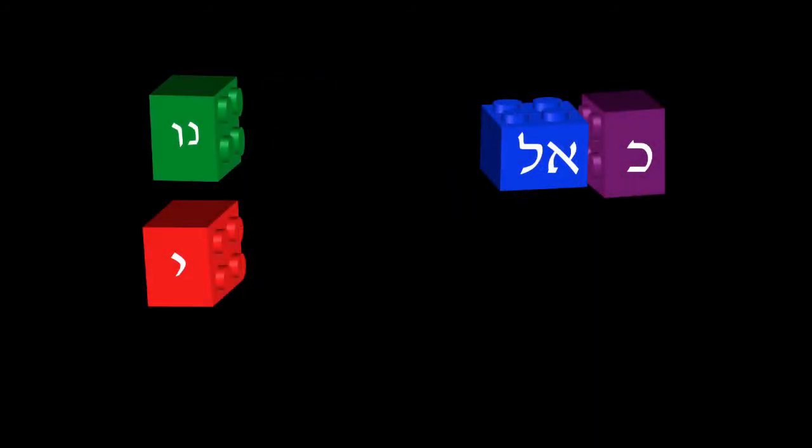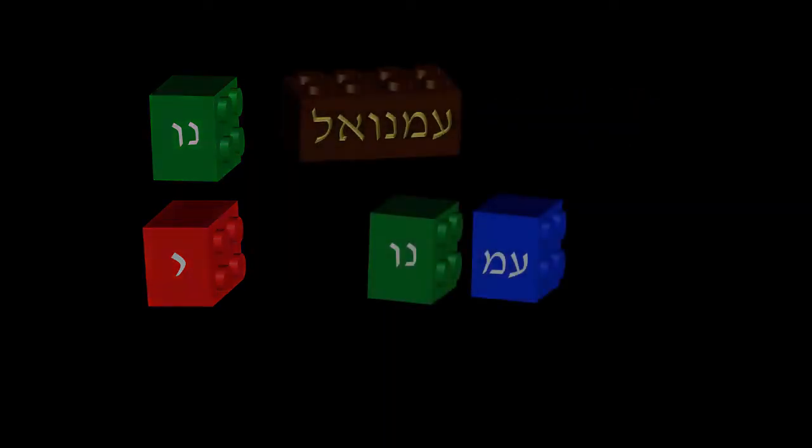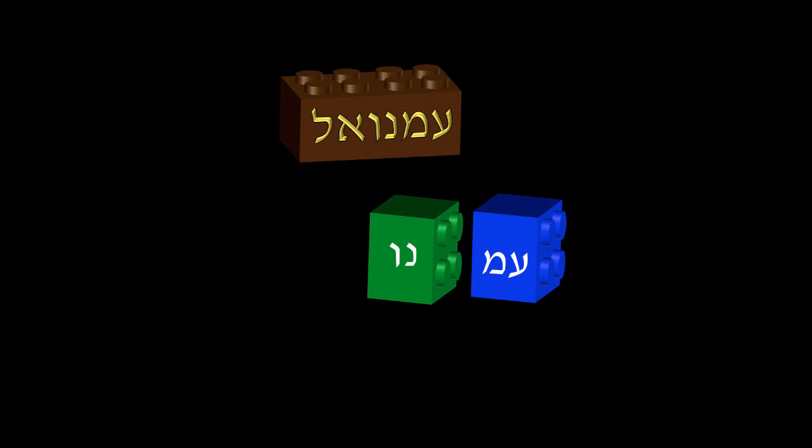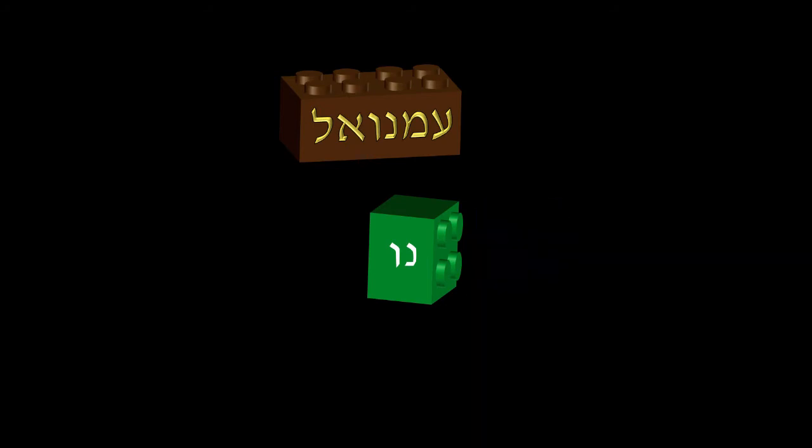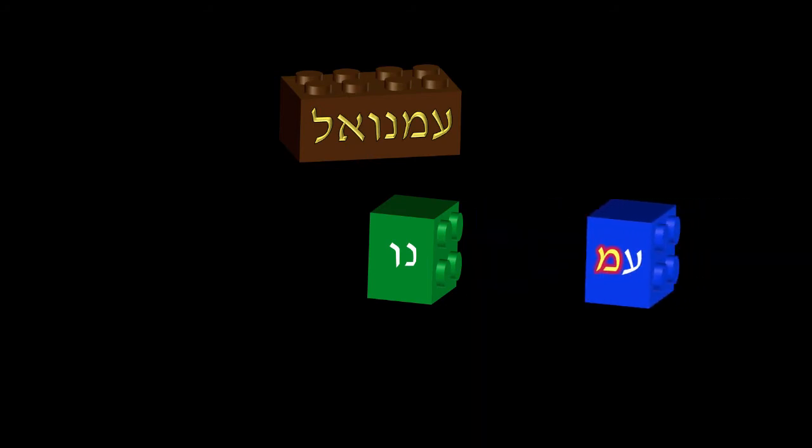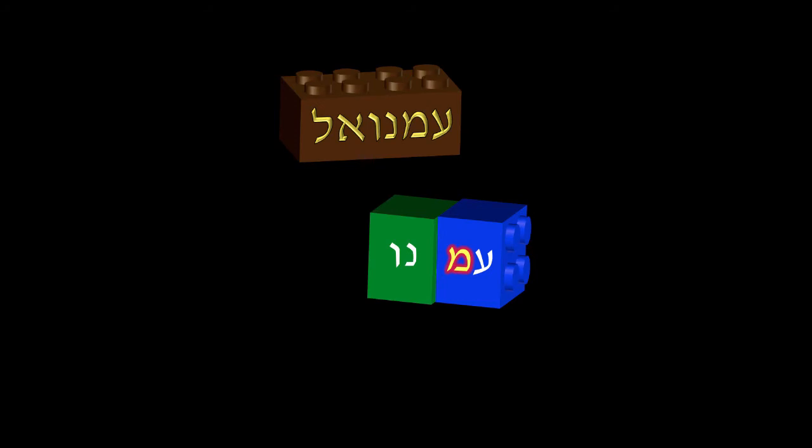And remember, we had it with El, so we have ka'el. And then, of course, we have it here with Immanuel. And we have the im with the nu. And it comes together there.